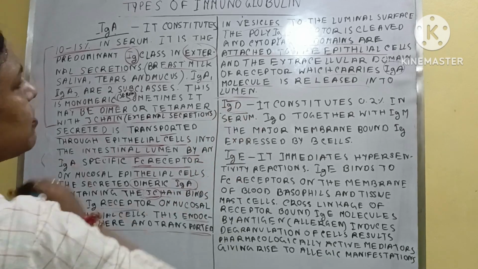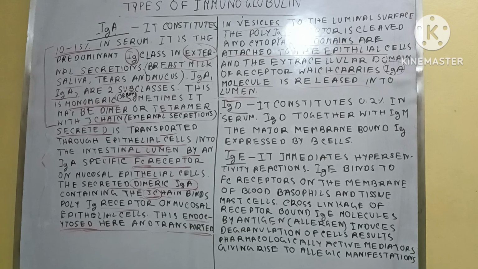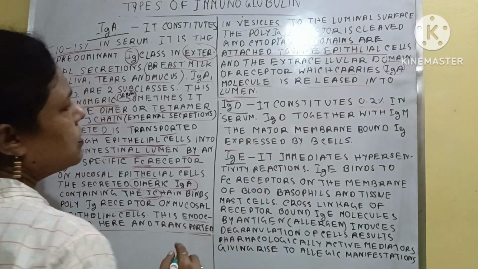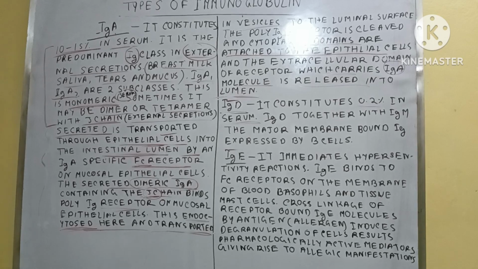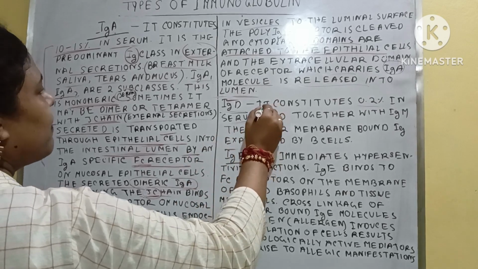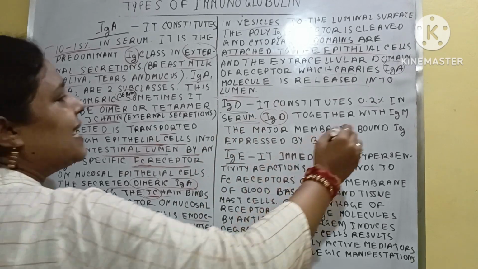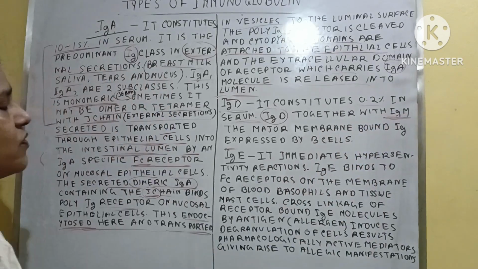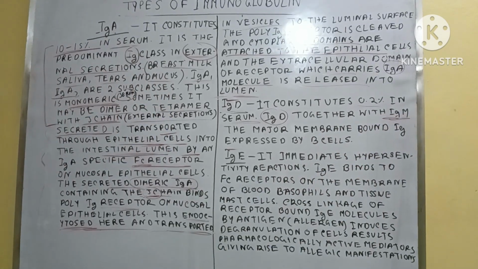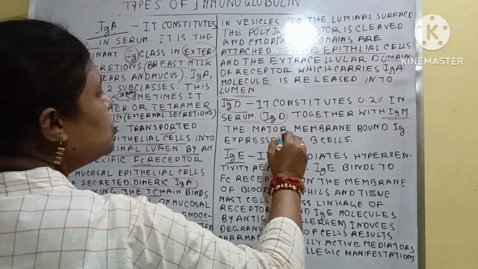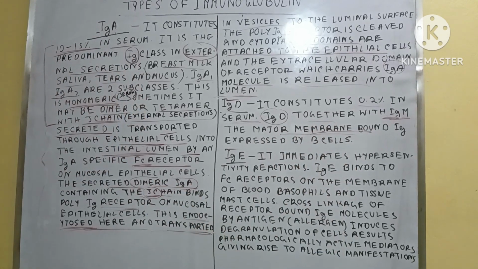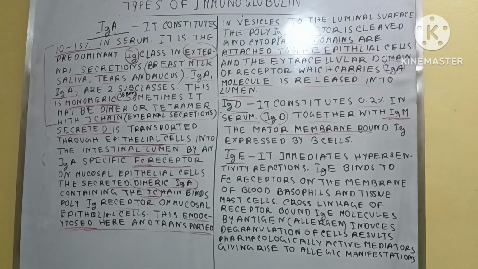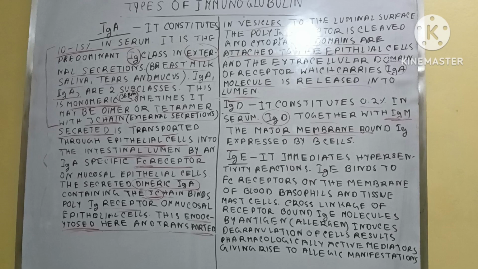These IgD molecules are present at about 0.2% in the serum. IgD functions together with IgM, and these are the major membrane bound immunoglobulin molecules.